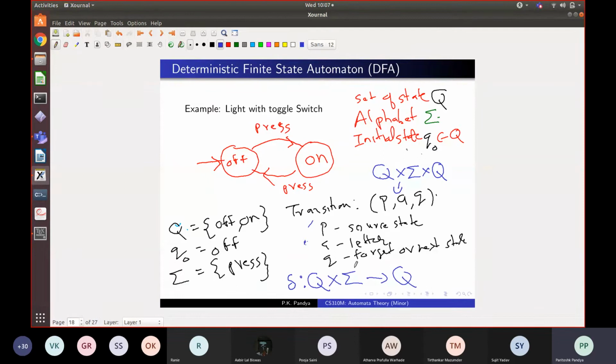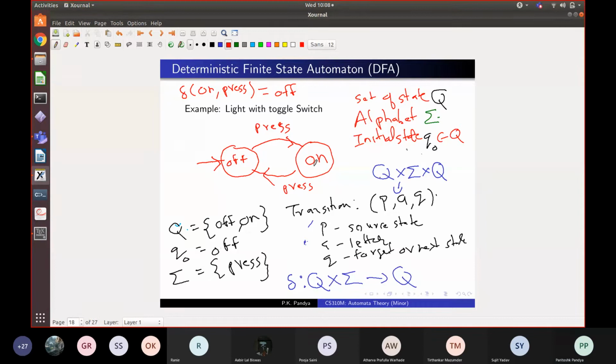So if I write here delta of, let's say, on press, where will it take you? If you apply function delta to the argument state on and letter press, where will it take you? This arrow is taking you to off. So the result of applying function delta to on and press is off, to off and press is on, right?